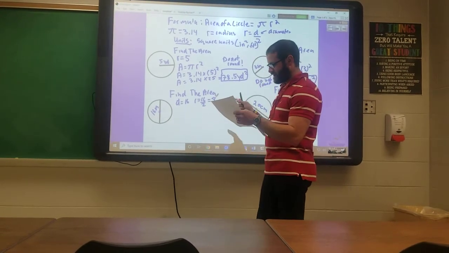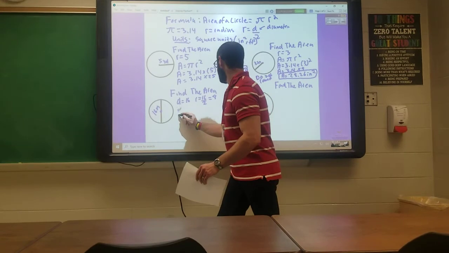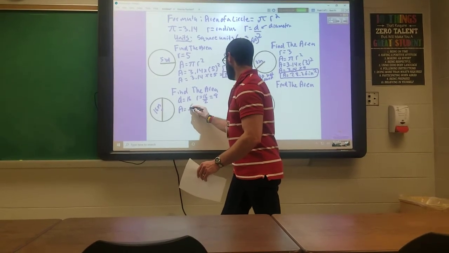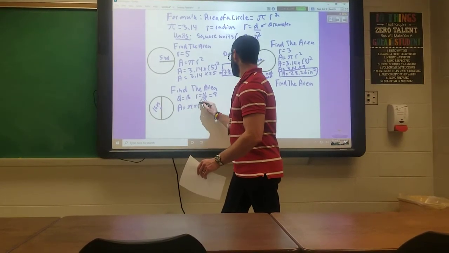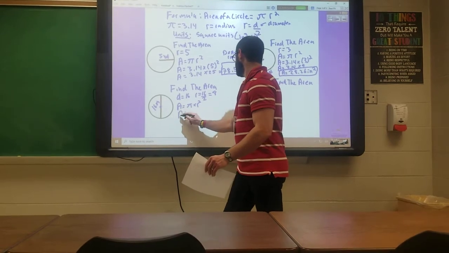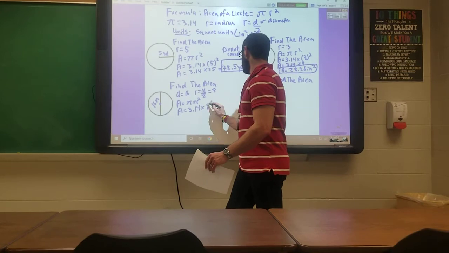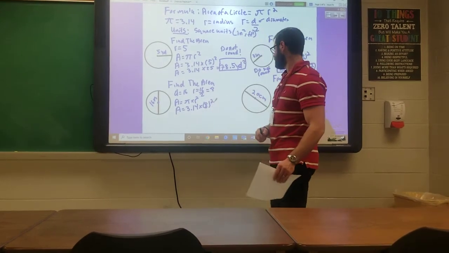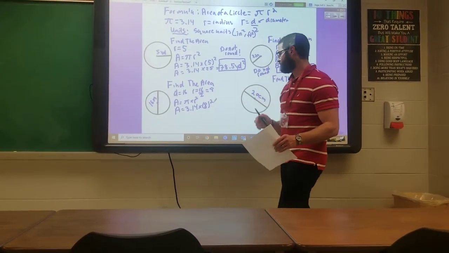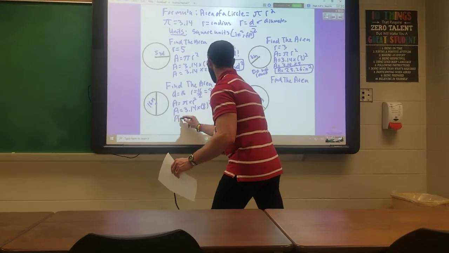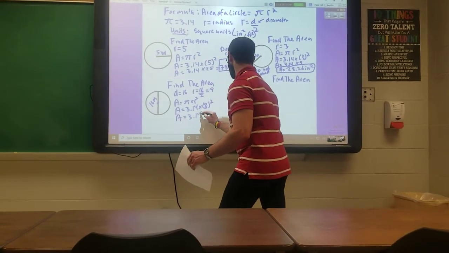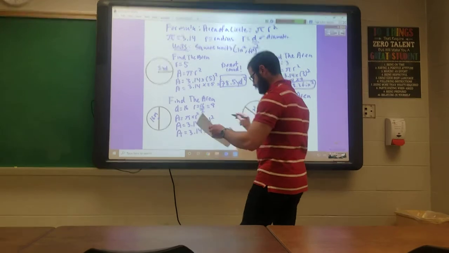And then we're going to take that and plug into pi r squared, right? Area is pi times the radius squared. So 3.14 times 8 squared. 8 squared is 64. Remember, do that first. So area equals 3.14 times 64.